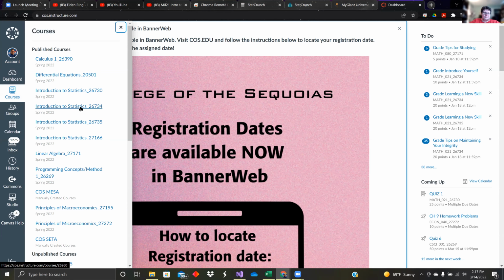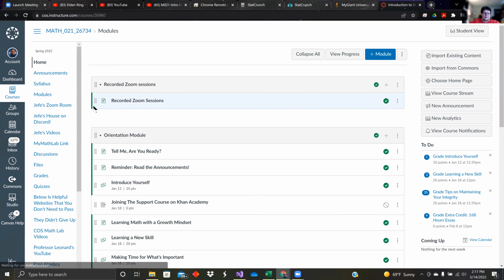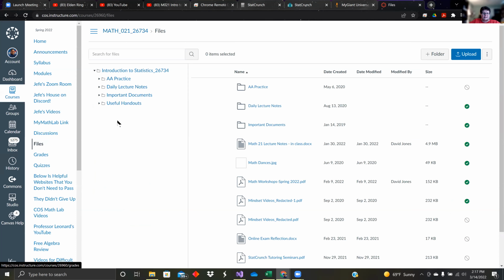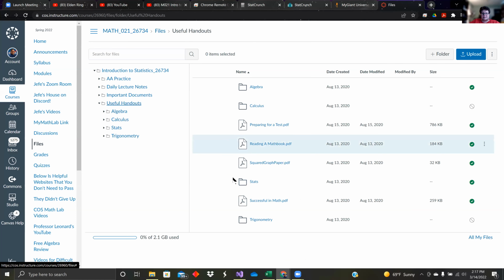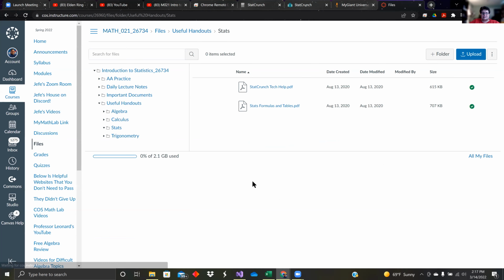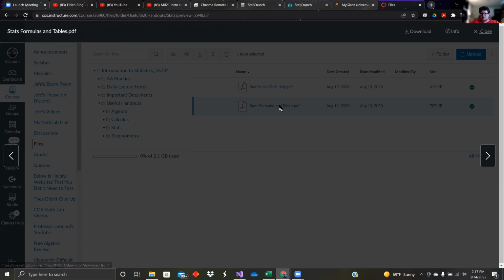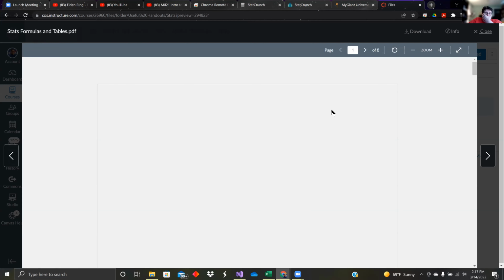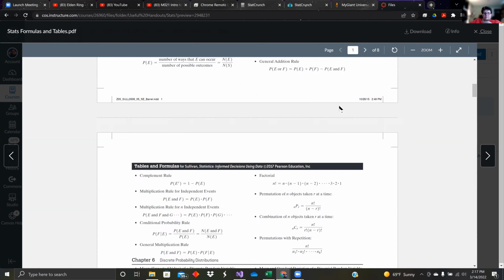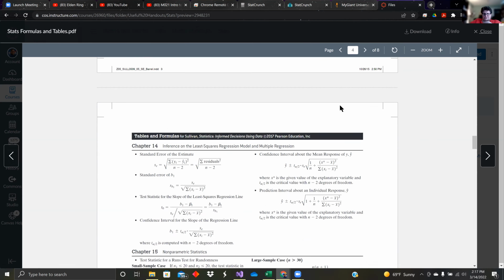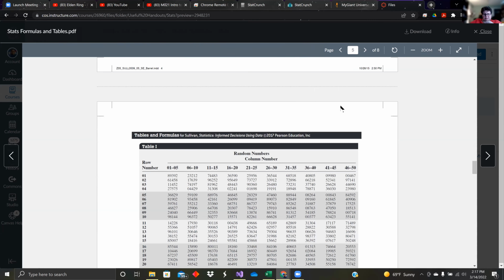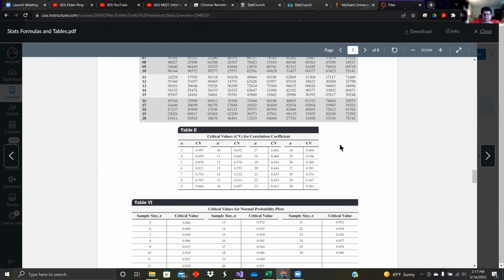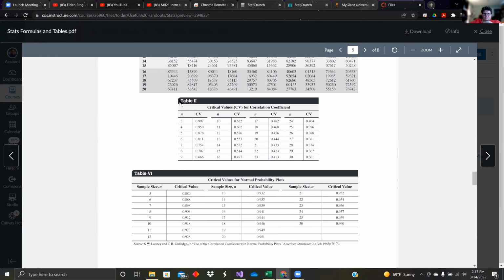I have 3 stats courses that I'm teaching. It's in Files, and then under Useful Handouts and Statistics, and it's the stats formulas and tables. I'll scroll down to it. It's on page 5 or 6. There it is. The critical values for correlation coefficient is table 2. This is the one we're going to look at when we use it in a little bit.